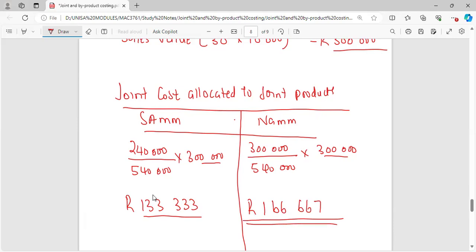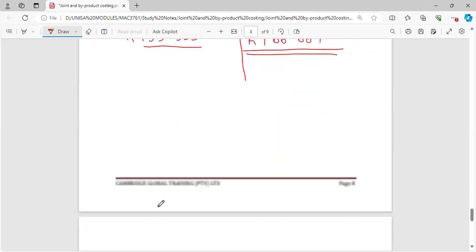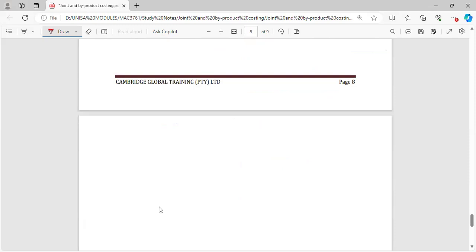So when you are answering your question, the first thing is to calculate your joint cost allocated to joint products.